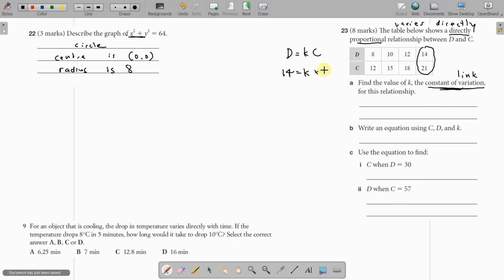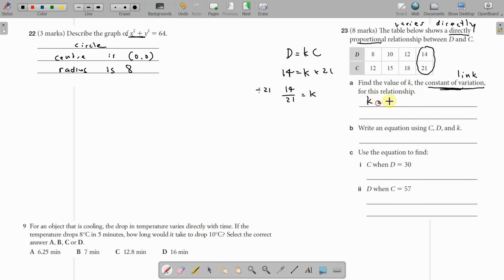K times 21. There we are. Now I've got everything known except k, so we just rearrange this. Divide by 21 will do it, which means this becomes a fraction, and that becomes just k. There's our value of k.